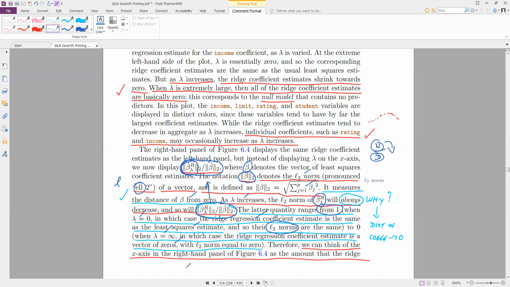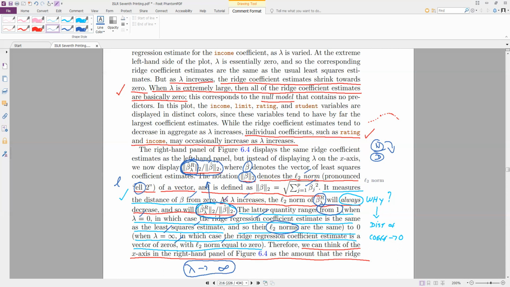Because as you increase lambda towards infinity, you're eventually going to get the coefficient vector equal to 0, in which case the L2 norm is equal to 0. As lambda goes to infinity, eventually your coefficients are going to 0.